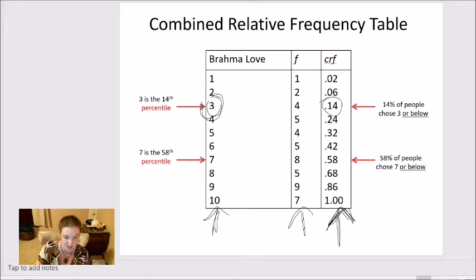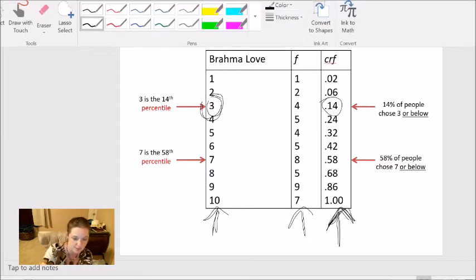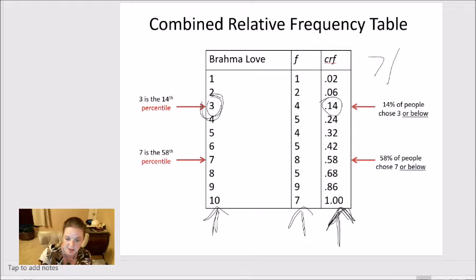Moving forward to this slide, 7 divided by 50 is, you guessed it, 0.14. That is the proportion of people who answered 3 or below. So 3 becomes the 14th percentile, because 14% of the folks are at 3 or below.